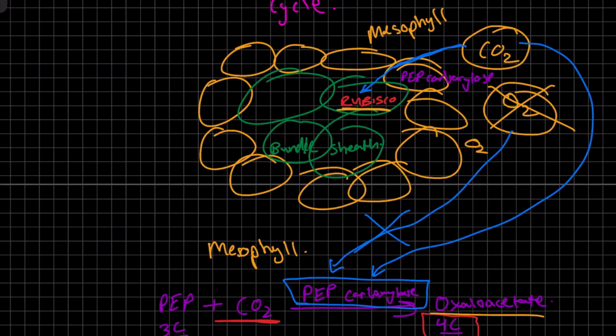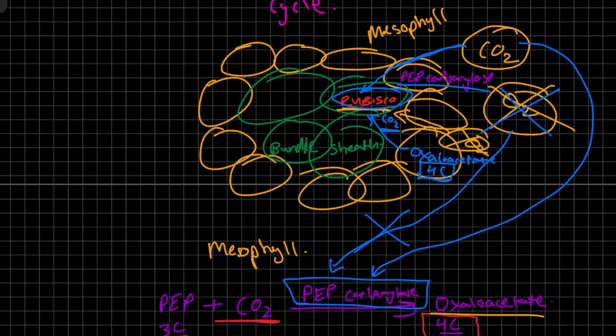This means that the rubisco here cannot access the O2 molecules in the atmosphere. Instead, it can only receive the CO2 released by the transformations that occur to our oxaloacetate, which is generated by the activity of PEP carboxylase. So the rubisco in our bundle sheath cells cannot bind to oxygen, meaning that photorespiration will not occur, and it can only bind to carbon dioxide released from this 4-carbon molecule known as oxaloacetate.